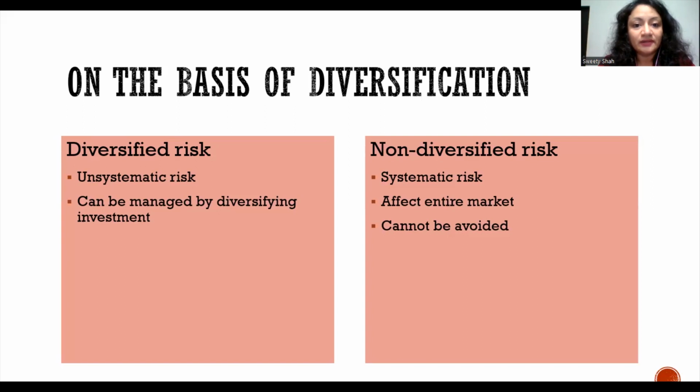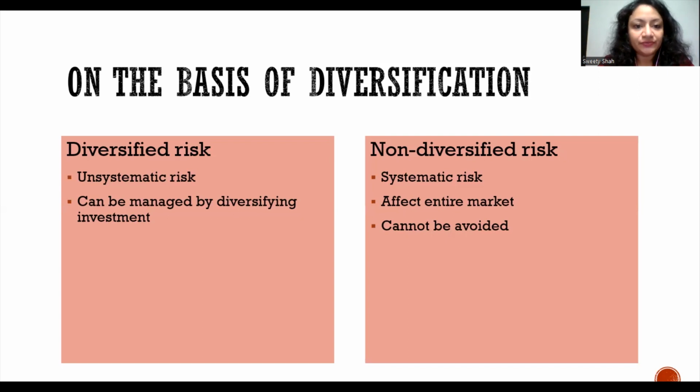A risk, the level of which we can reduce or manage by diversifying our investment, is called diversified risk. Now, such risks are not rooted in the system and therefore they are known as unsystematic risk.